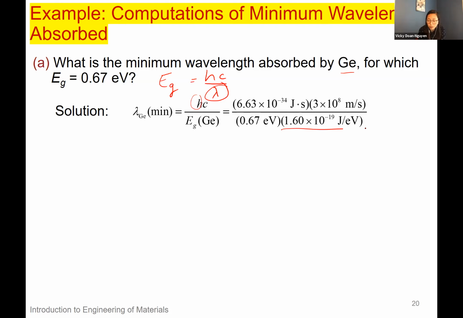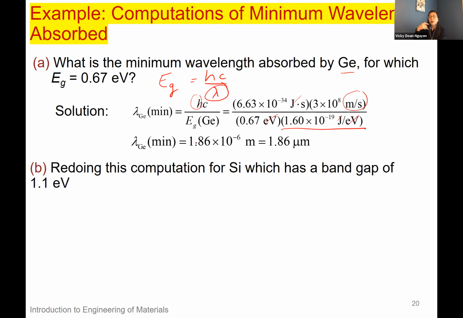That's been converted from joules to eV so that the energy terms cancel. And so you can see here that this is still in meters. And so the minimum wavelength that germanium can absorb is 1.86 times 10 to the negative 6 meters, which is 1.86 micrometers. So just remember to convert your units properly.